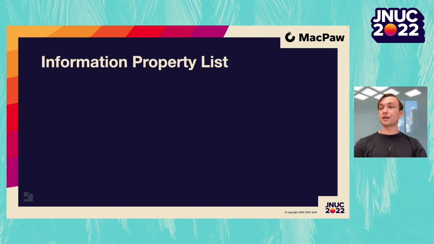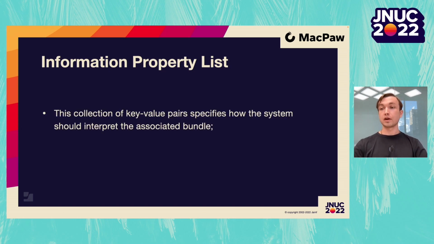So, let's dive into the next approach. We will analyze the information property list. Bundles, which represent executables of different kinds, contain an information property list file. This collection of key-value pairs specifies how the system should interpret the associated bundle.